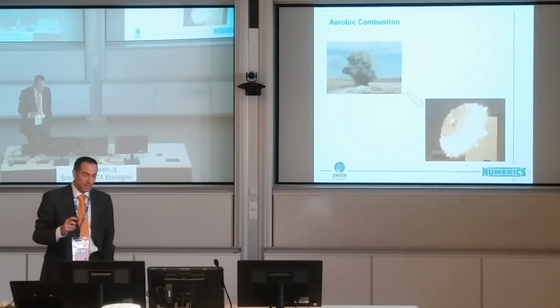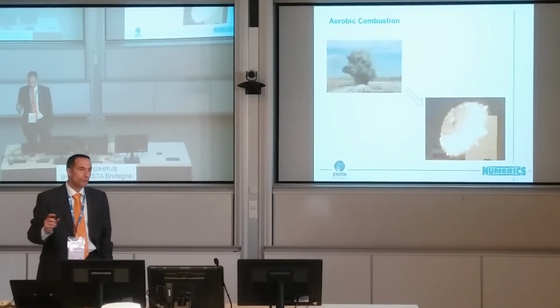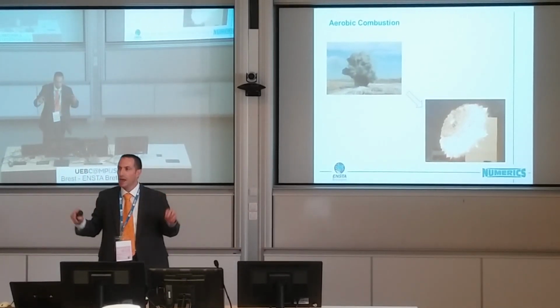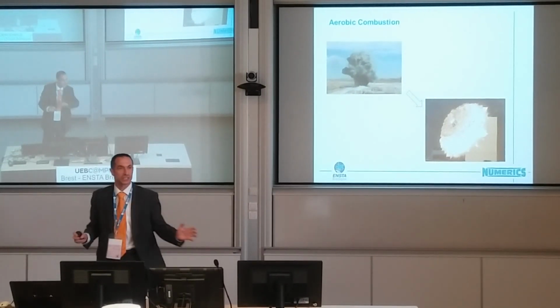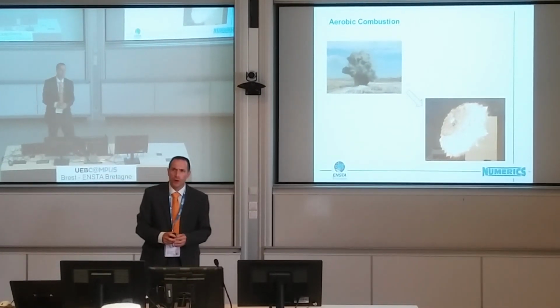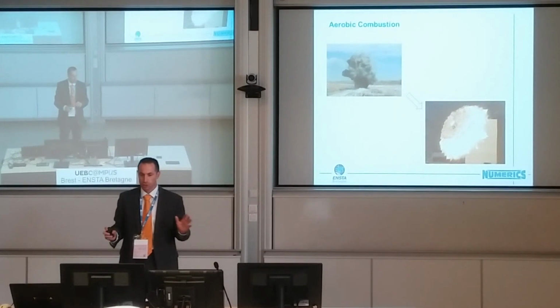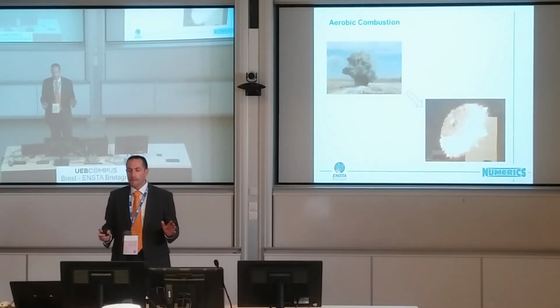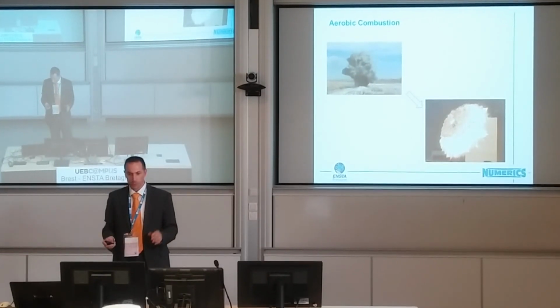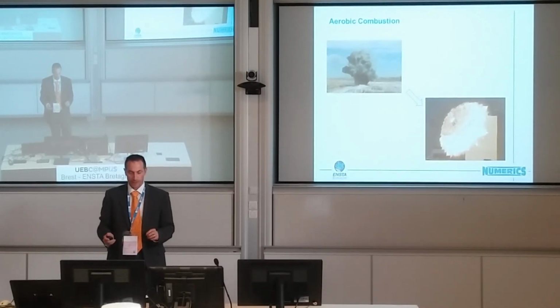Aerobic combustion is pretty well known from the so-called enhanced blast explosives, these aluminized explosives that make bright fireballs and they look so good. But aerobic combustion is something we encounter with practically every explosive.